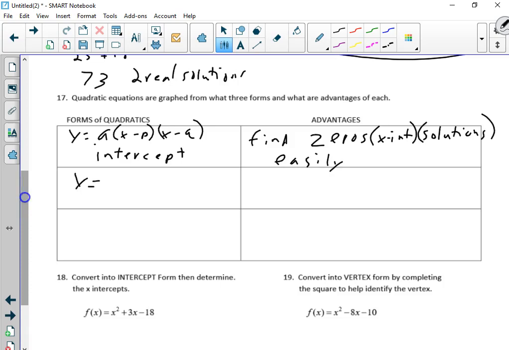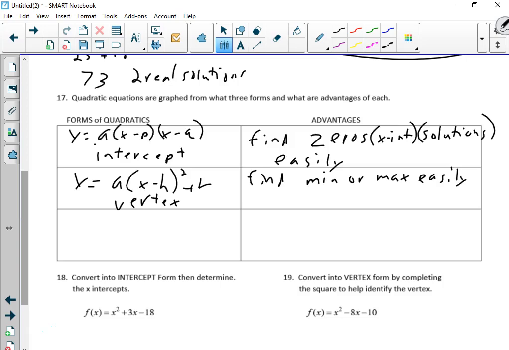y equals a times x minus h squared plus k. This is known as vertex form. Well, this helps us find the vertex. Easily. Remember, the vertex is h comma k.